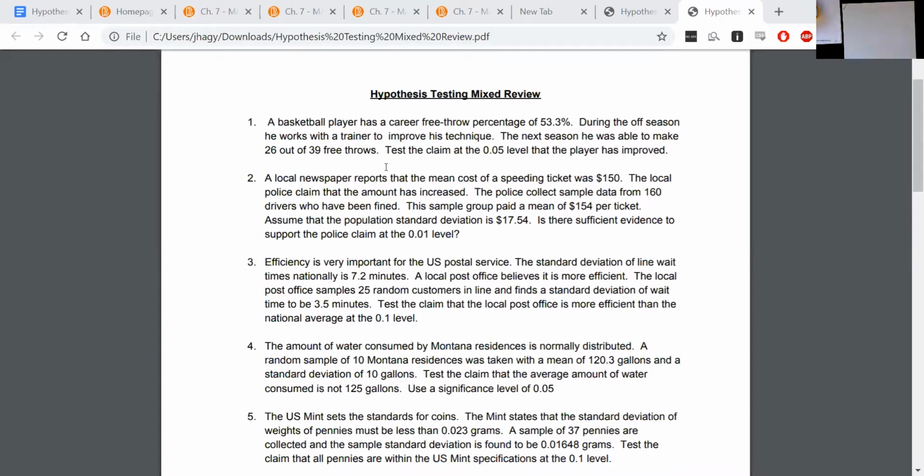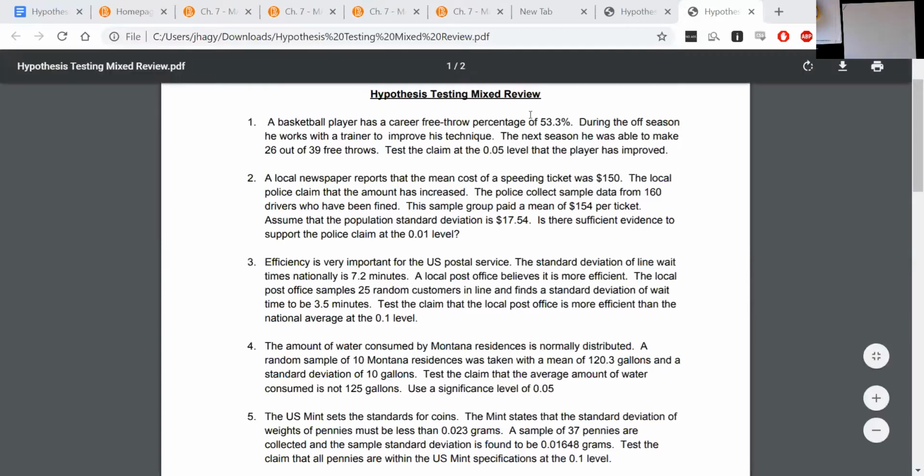Okay, question number one is, what type of problem is this? Mean, proportion, variance, or standard deviation? Here, kind of the giveaway is that we have a percentage, so we're going to use proportion. So, as usual, we'll start with the claim.